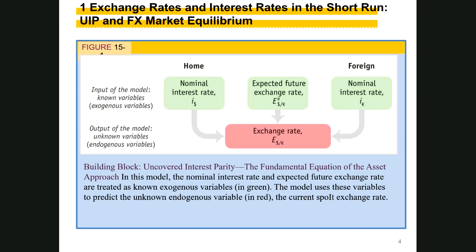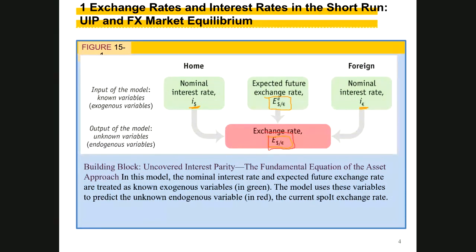Okay, so what do we learn? If we know the nominal interest rate domestically, and we know the nominal interest rate in a foreign country, and we also have the expected future exchange rate, then we could figure out the spot exchange rate like this, right?